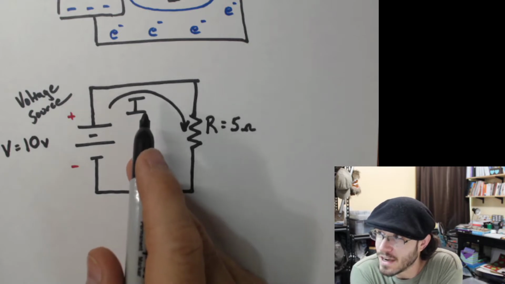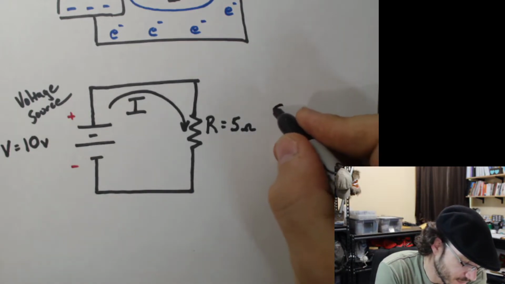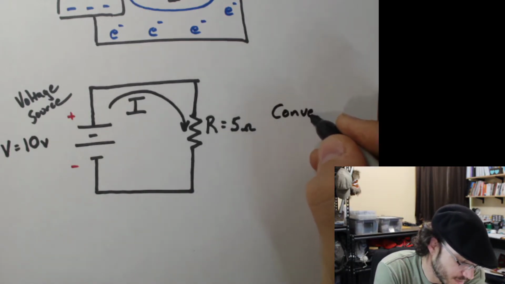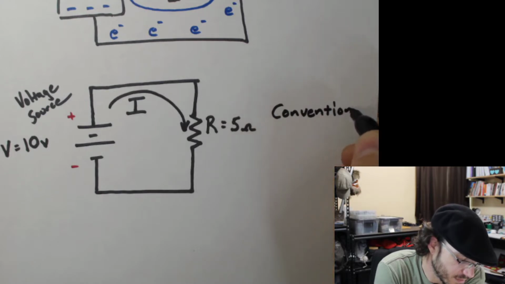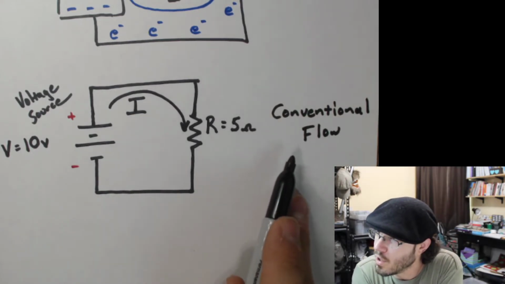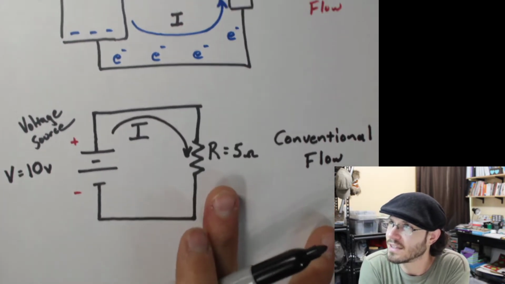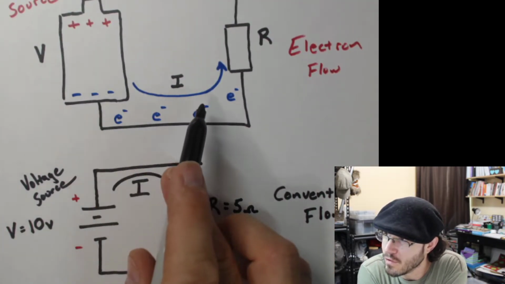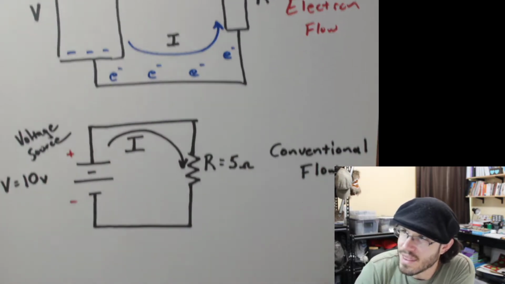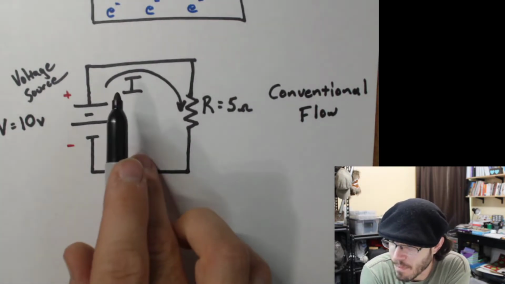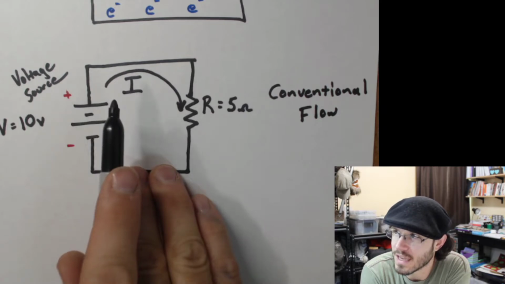We call this conventional flow. There is nothing wrong with picking the current to go in this direction. Yes, it's not the direction the electrons are moving, but it's okay. This works the same. There is no difference.